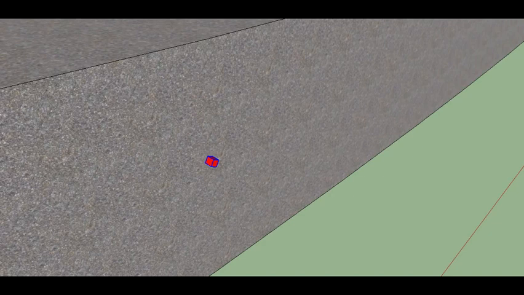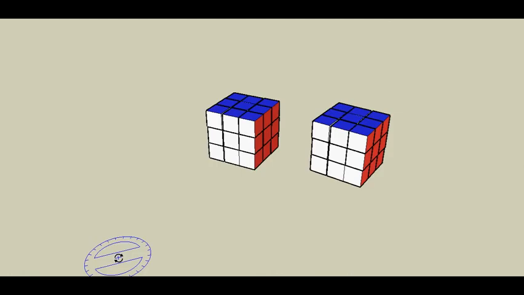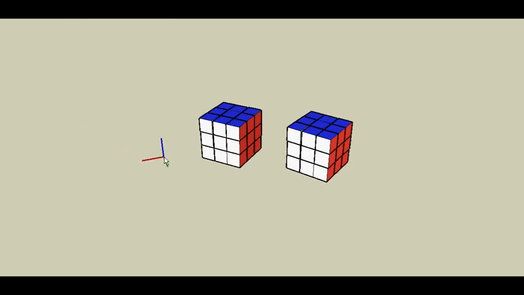Now if we go back to the example of the Rubik's cube, we can think of linear motions in 3 directions, x, y and z. Let's see the axes, and it can go along x, y and z.